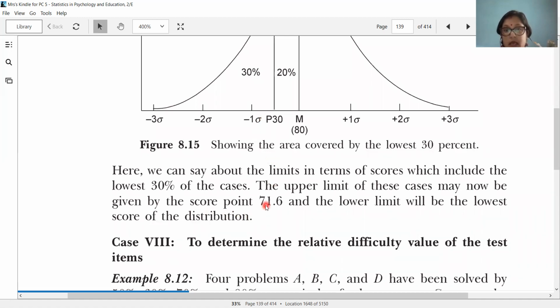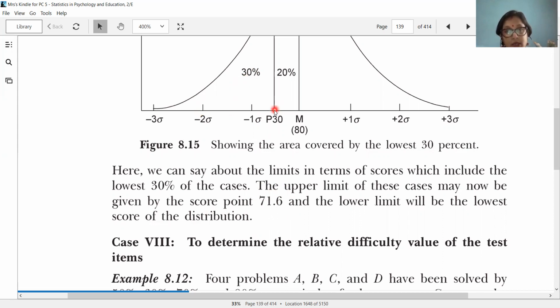So 71.6 or 72 is the upper limit of the cases, which may include the lowest 30% of the cases.